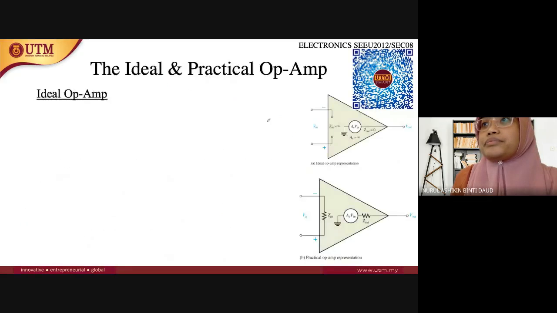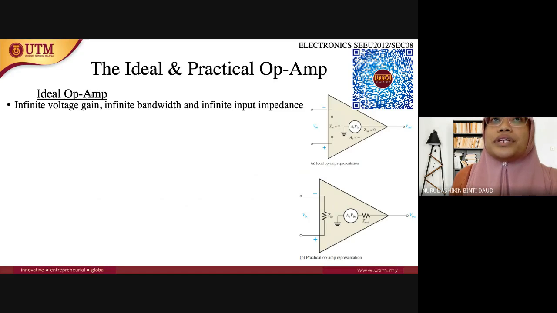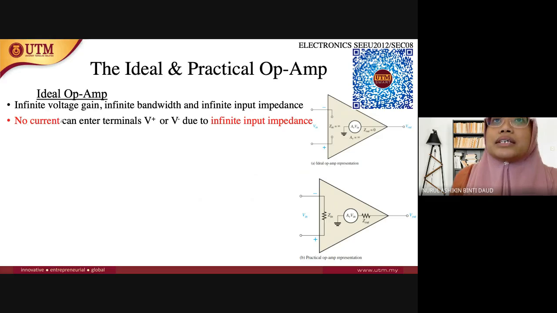Okay, so this is the ideal op-amp. Usually the impedance is too big and also the gain is too big. So for the ideal op-amp, the value of the voltage gain is infinite, the bandwidth is also infinity, and the input impedance is also infinity. Because of this, no current can enter terminal V positive, which is here, and V minus, due to the infinite input impedance.